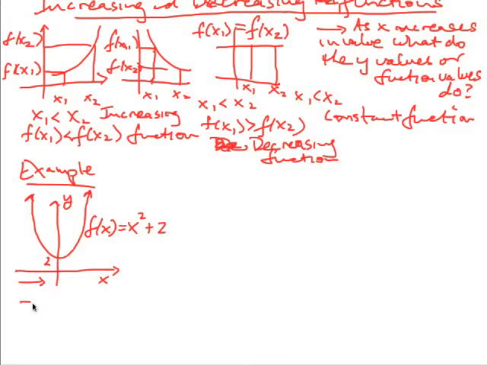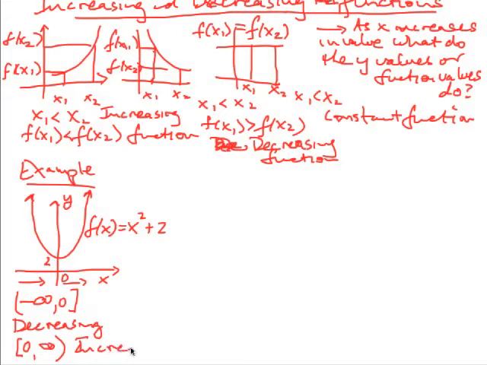And so we can say that on the interval negative infinity to 0, because this is the origin here, we're talking about the x values, from negative infinity to 0, this is decreasing. However, as we continue this direction, it starts going up to the right, and so on 0 to infinity, it is increasing.